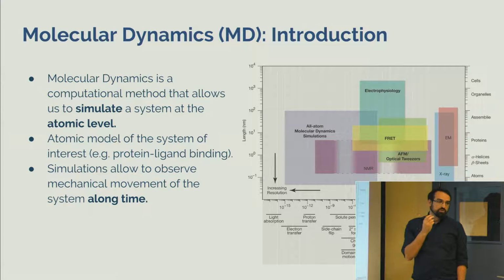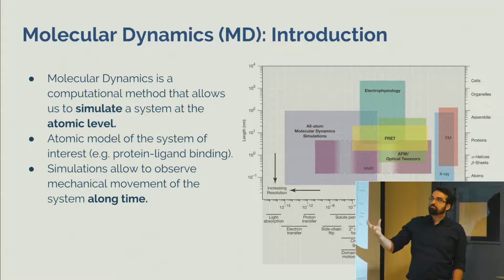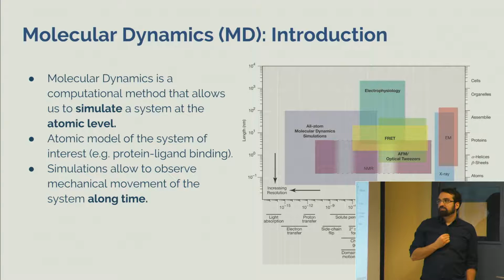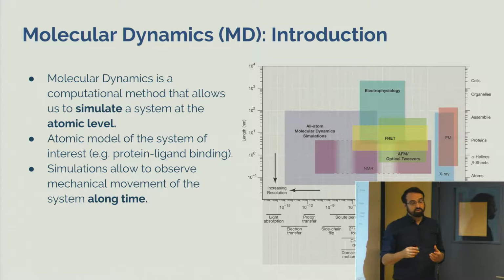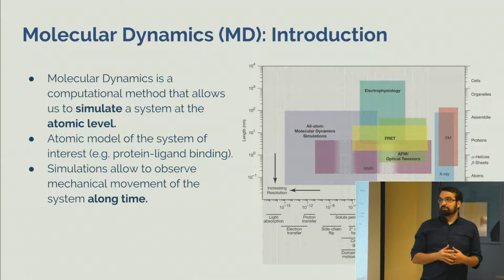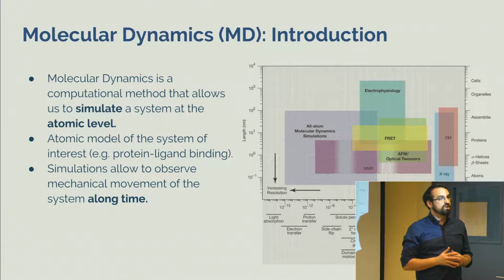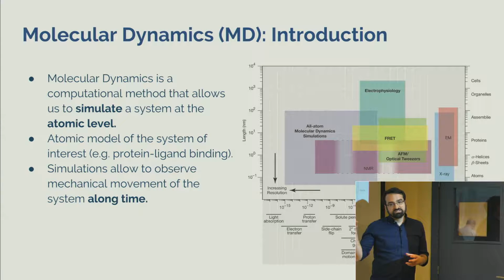So this tool tries, through an atomic model of the system of interest, in this case protein ligand binding, to observe through simulation the mechanical behavior of the system. What is the protein dynamics? How does a ligand reach the binding site? How do all of these dynamical properties occur in our system?